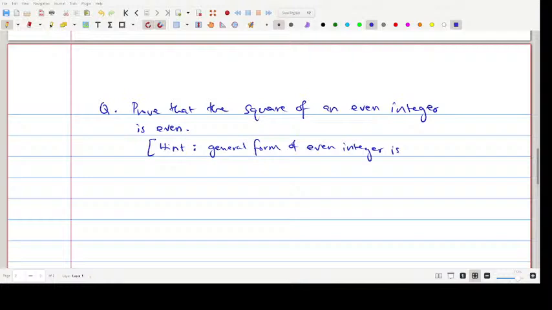Any guesses? No guesses? Okay, it's 2n. Just 2n. We don't need plus 1 here. So it's a pretty straightforward problem.